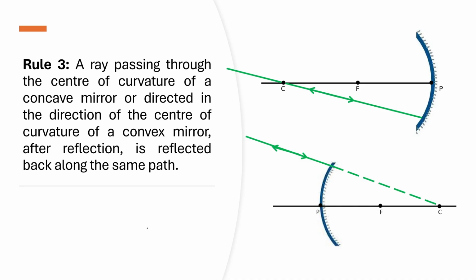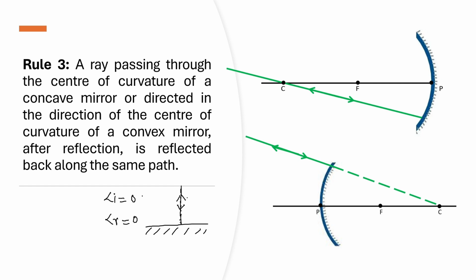When we discuss the plane mirror, in a plane mirror we know that there is a normal. When a light ray passes through this normal, what happens to the light ray? It reflects back along the same path. Why? Because here the angle of incidence is 0. So according to the first law of reflection, angle r must be 0.